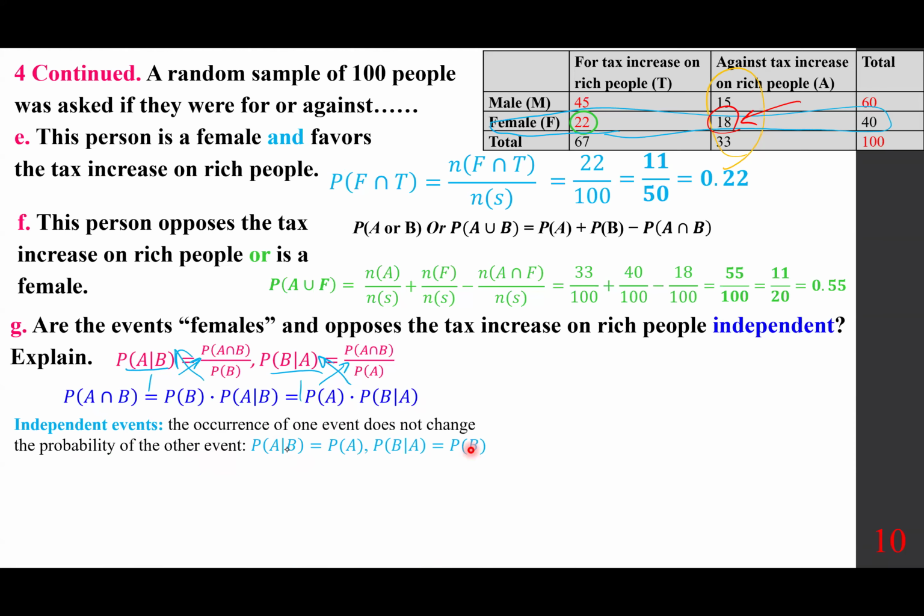Therefore, if they are independent, probability of A intersection B becomes probability of one times the other, probability of A times probability of B. So we are going to look at a conditional probability that has these two events involved.